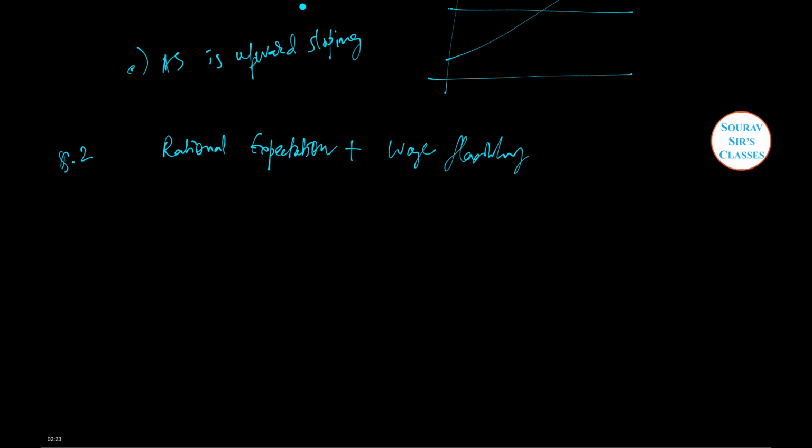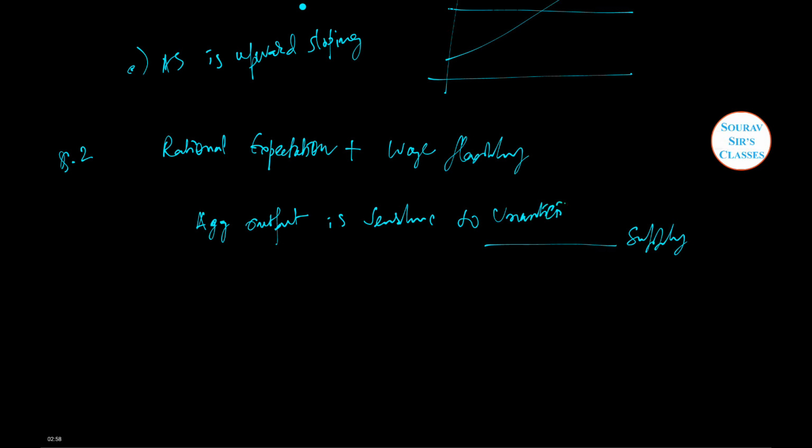Simply, if there is rational expectation, remember that aggregate output is sensitive to supply. Now there are two types of supply, anticipated and unanticipated. As rational expectation theory says, the supply has to be the unanticipated one.